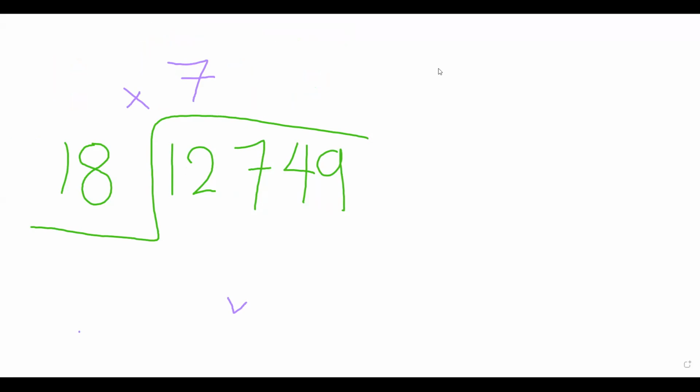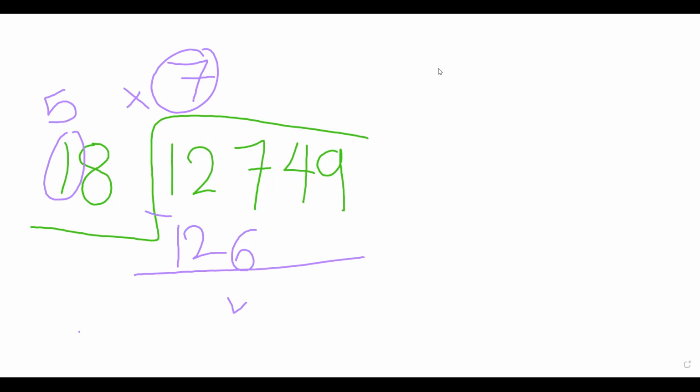When you multiply here, 7 times 8 equals 56. 5 up and 6 down. 7 times 1, plus 5, 12. So then let's subtract. 7 minus 6 is 1, 0, 0.